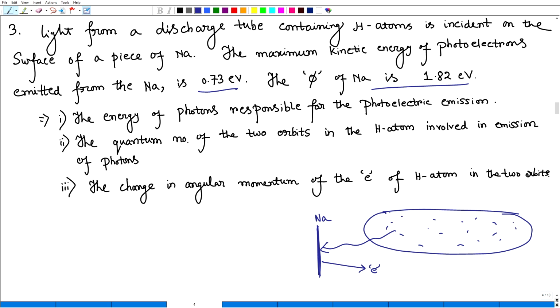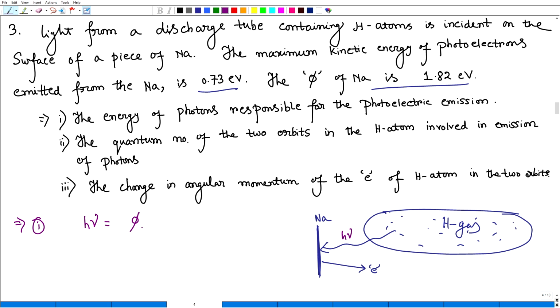The first question is the energy of photons responsible for the photoelectric emission. What is the energy of the photon? This is the photon which is responsible for the emission. So h nu is given, so we know from our photoelectric effect chapter that h nu is given to electrons of the sodium metal, and first it is providing the work function phi to the electron, and the rest of the energy is converted to the kinetic energy of that electron.